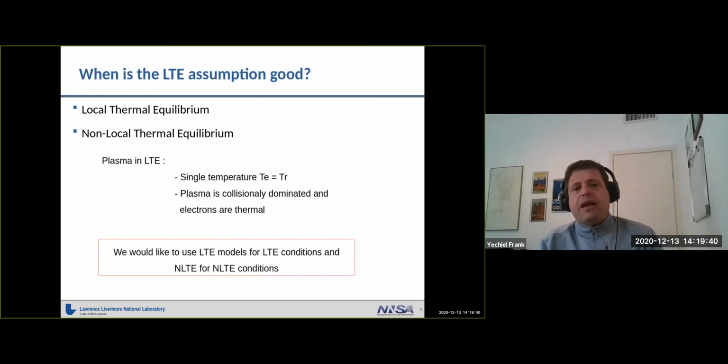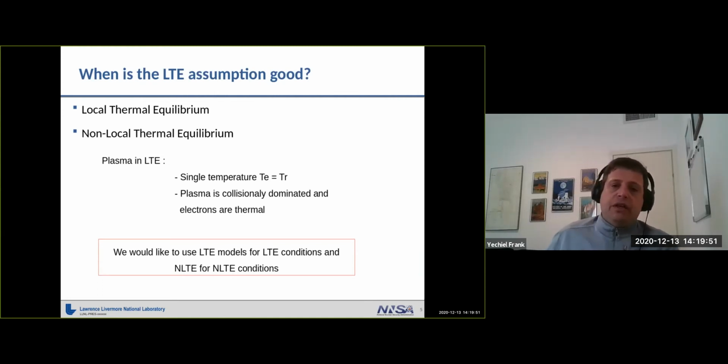In LTE, the plasma has a single temperature, either because the temperature of the density and the radiation is the same, or because the plasma is so dense that it is collision dominated, therefore it's at LTE.